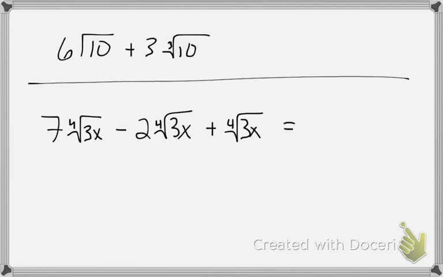Was it just because he sounded so confident in saying it? Isn't there a 1 in front of it? Yes. The coefficient here is 1 on that last term. Are they like radicals? Yeah. Then we wind up with 7 minus 2 plus 1, which is 6 fourth root of 3x.